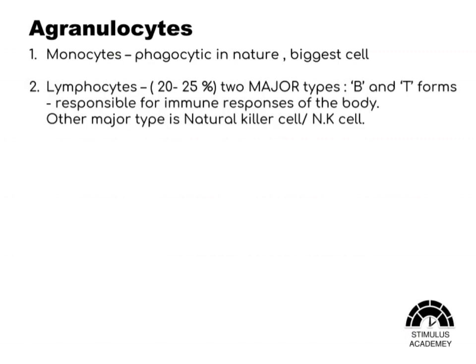Lymphocytes. These are 20 to 25%. There are two major types, B and T forms, responsible for immune response of the body. Another major type is natural killer cells. This is not mentioned in the NCERT book, but note that NK cells or natural killer cells are also lymphocytes.